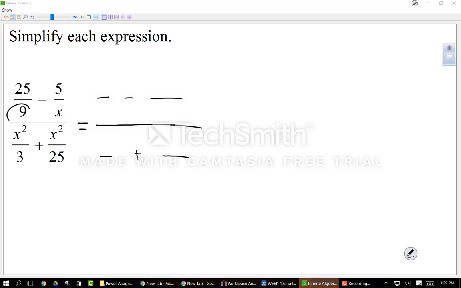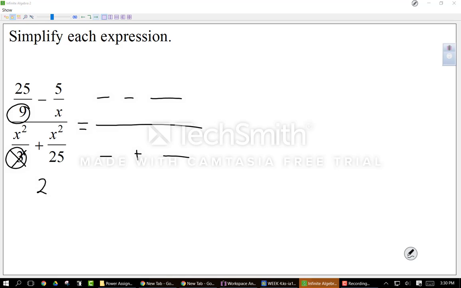So take numbers that we know that have stuff in common. What do they have in common? Well, they have a 3, okay? That means that I don't actually have to use this 3.